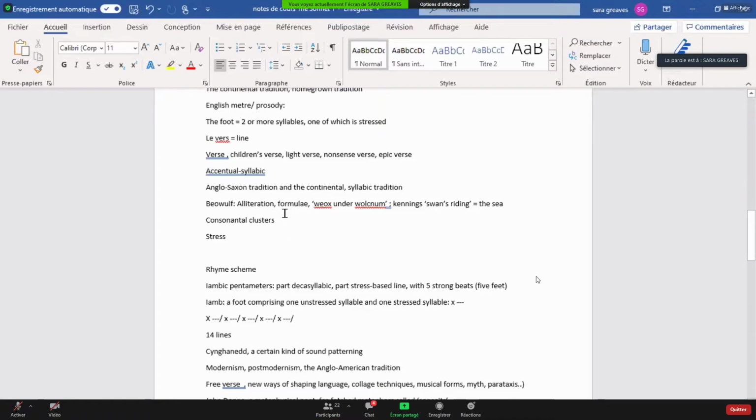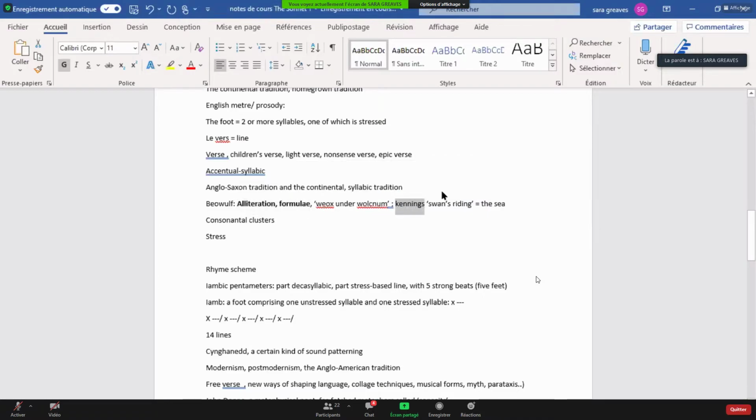Another aspect of Anglo-Saxon verse is the formula, the repetition of certain formulas that come back over and over again, such as this: "Weox under Wolcnum," which means wax under welkin. And then kennings as the other thing. So alliteration, formulae, and kennings.